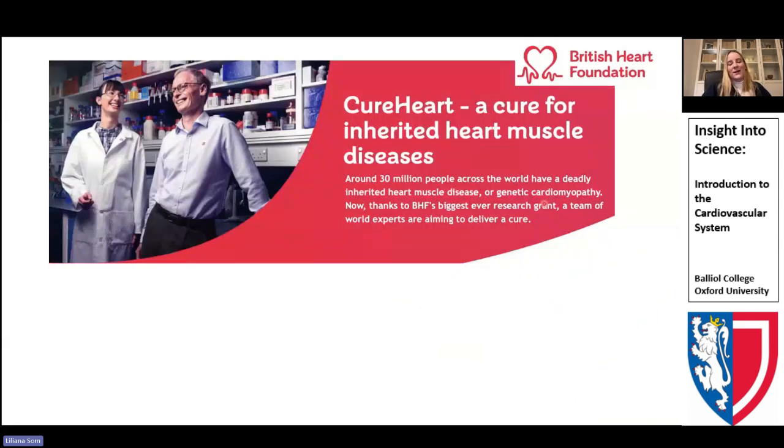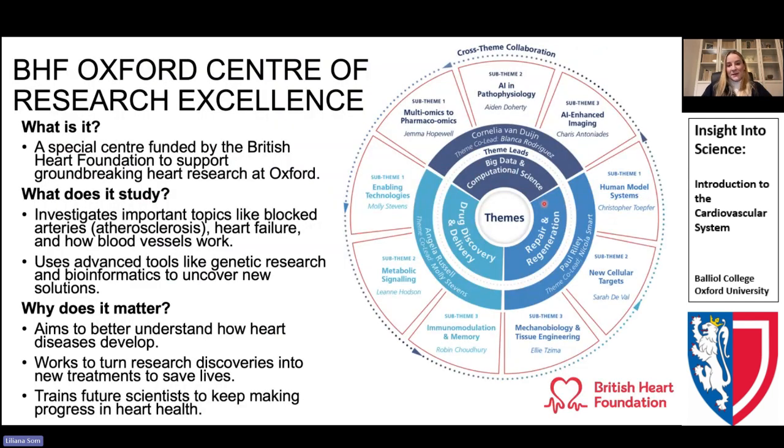So one cardiovascular research you might have heard of in the news a few years ago now is the Cure Heart project. To put this into context, this center I just mentioned, the award of funding for research by BHF for this center for the whole of Oxford University is £6 million.